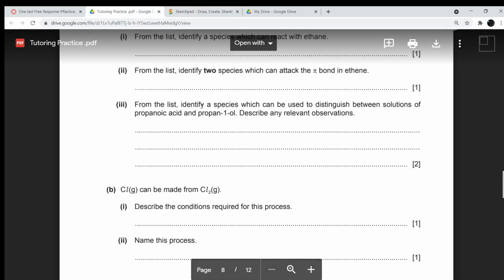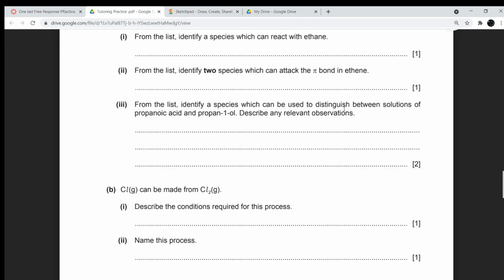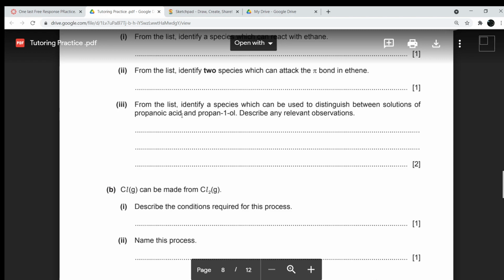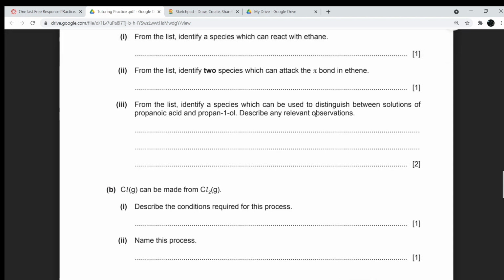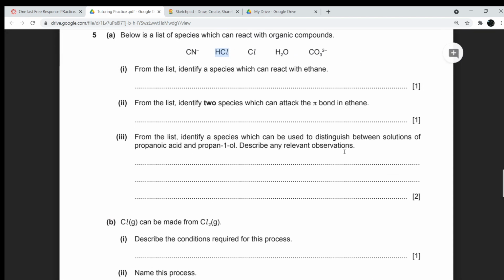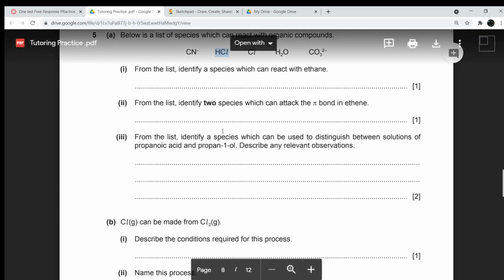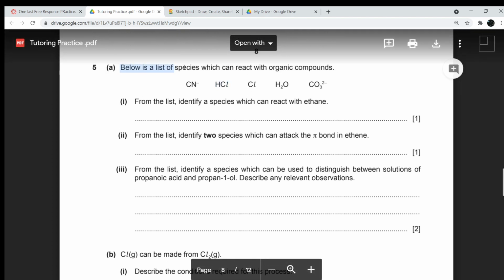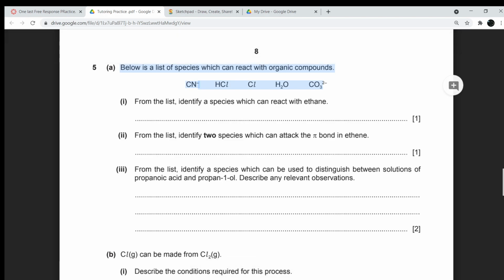Next, from the list, identify a species which can be used to distinguish between solutions of propanoic acid and propan-1-ol. Describe any relevant observations. So I would have to see which ones are going to react in a way that I can tell for sure.